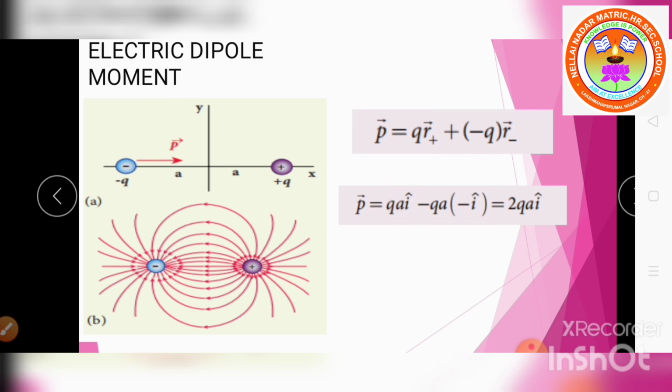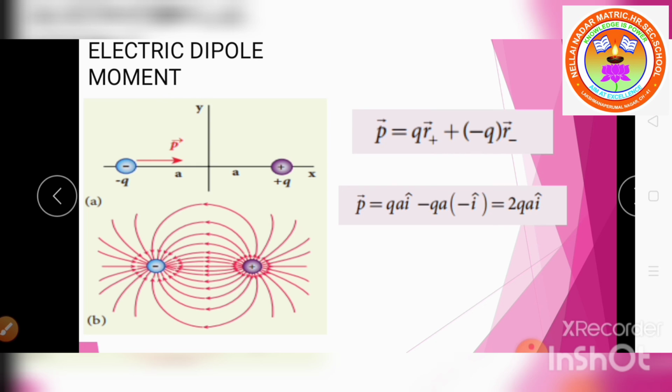So P vector is equal to Q a i cap minus, the charge being minus Q, times a in the direction minus i cap. Minus into minus is plus. So Q a i cap plus Q a i cap gives 2 Q a i cap.